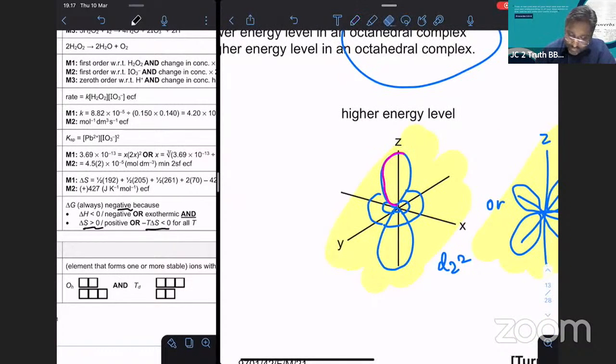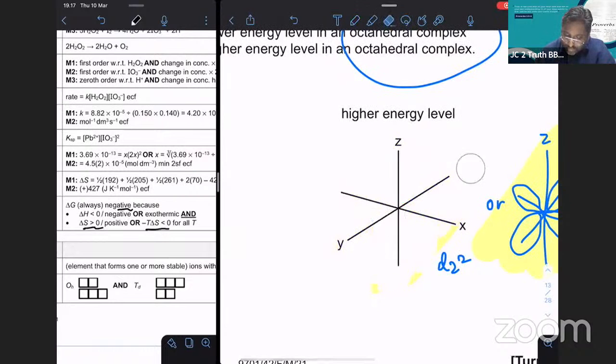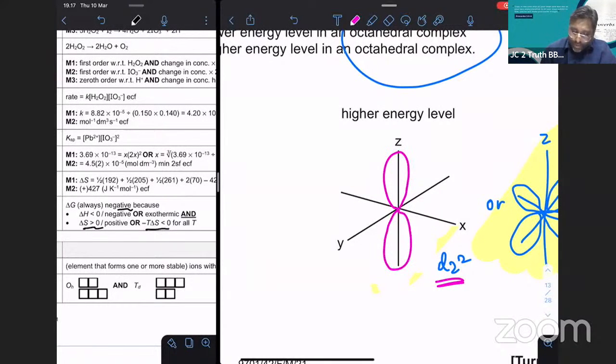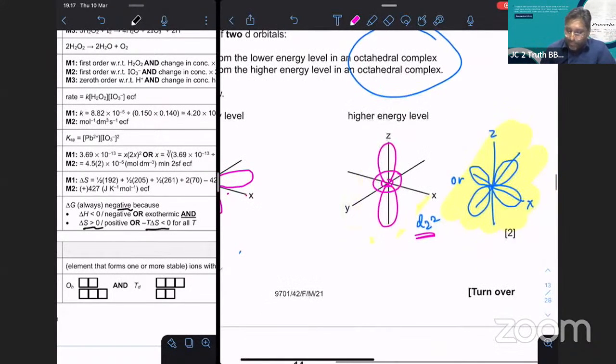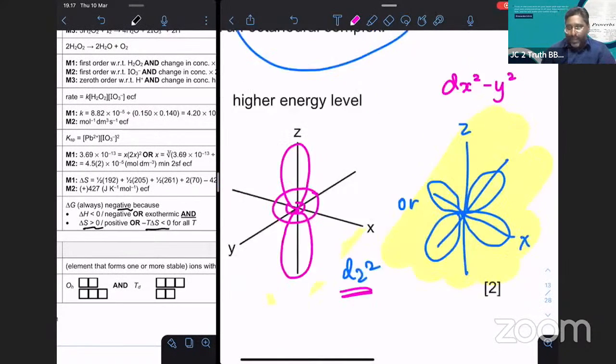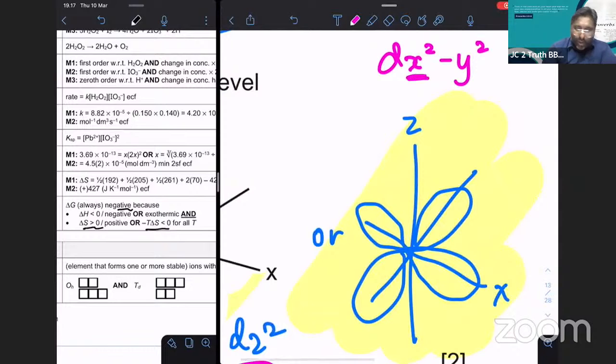You draw along z, and then you put a donut in between. This is dz square. And then there is another one, which is dx square minus y square. What does it mean? You draw along x, you draw along y.